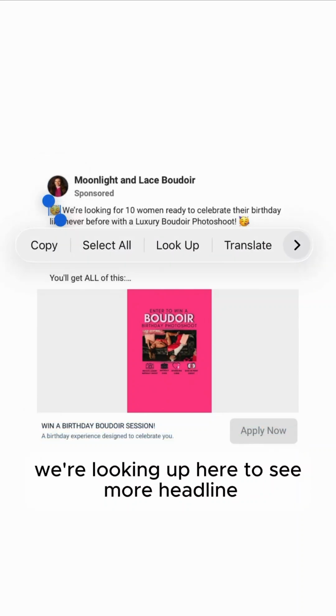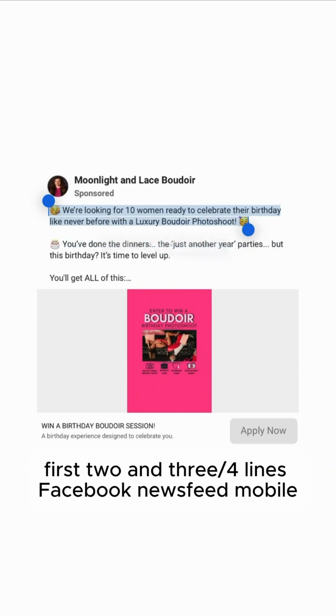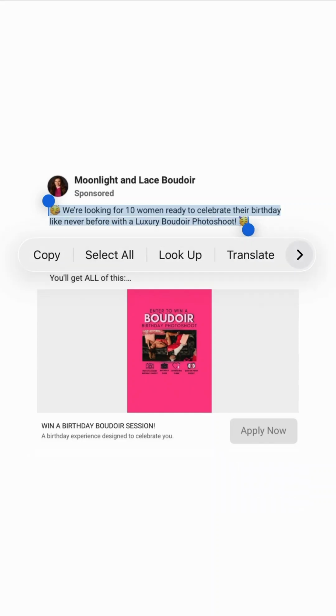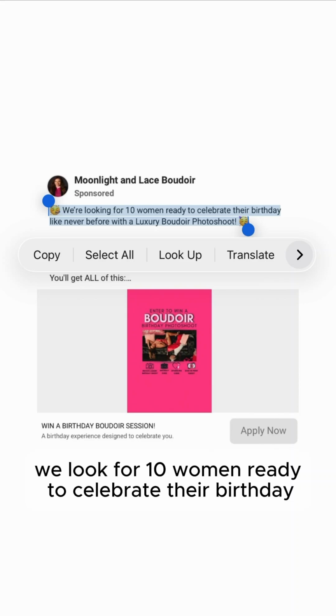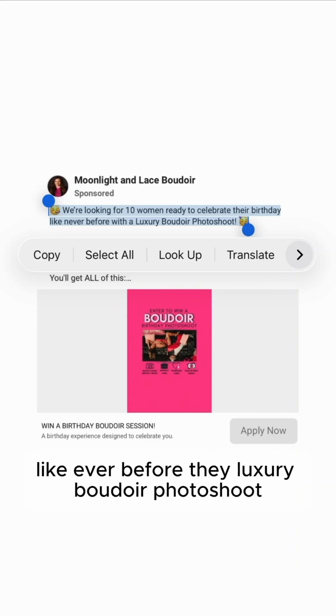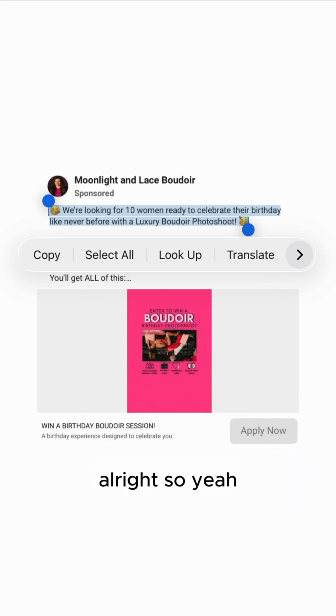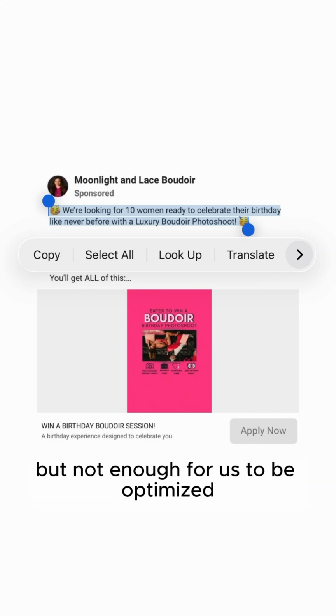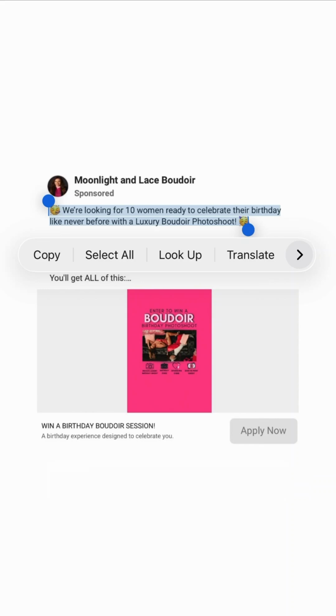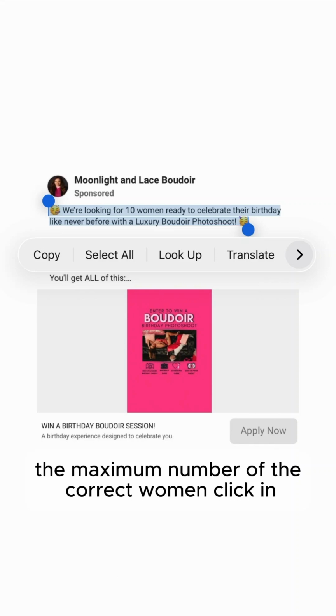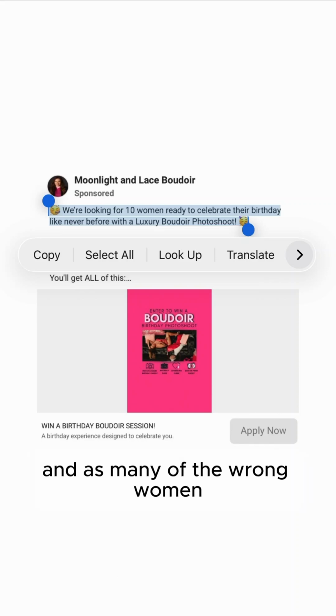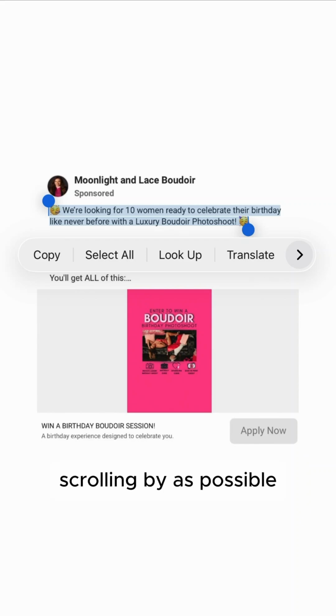Finally, we're looking up here to see the headline, the first 2 3/4 lines in the Facebook newsfeed on mobile. So let's say we look for 10 women ready to celebrate their birthday like never before with a luxury boudoir photo shoot. All right, so yeah, lack of context mistake here. We've got a few context points, but not enough for us to be optimized, having the maximum number of the correct women click in and as many of the wrong women scrolling by as possible.